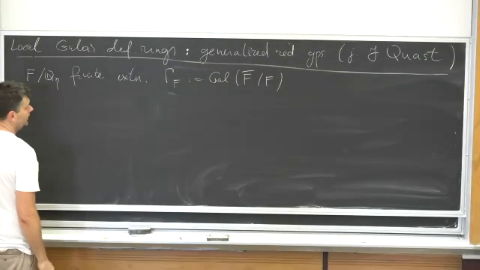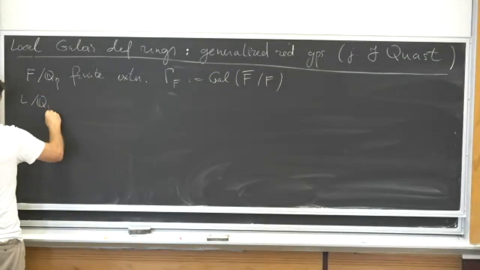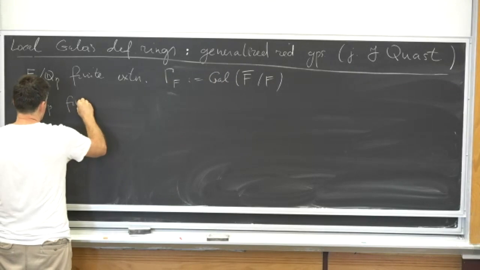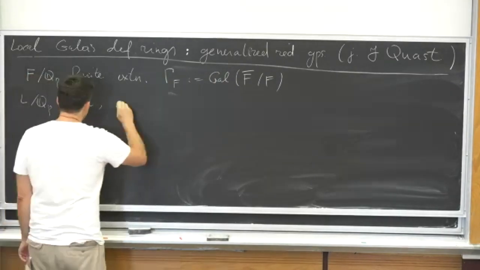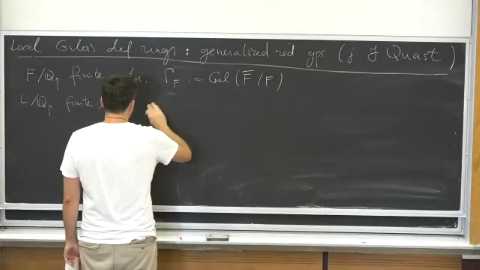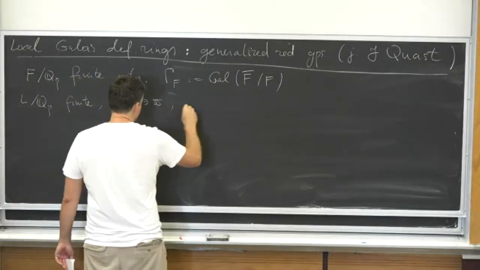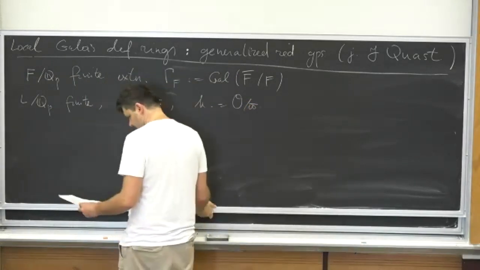Okay, now I want to fix also some coefficients. So L over Q_l, this is my coefficient thing. So this is a finite field extension, ring of integers O, uniformizer, and residue field K.